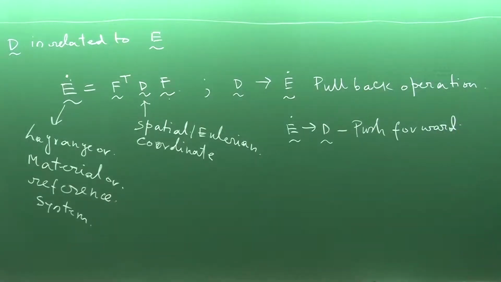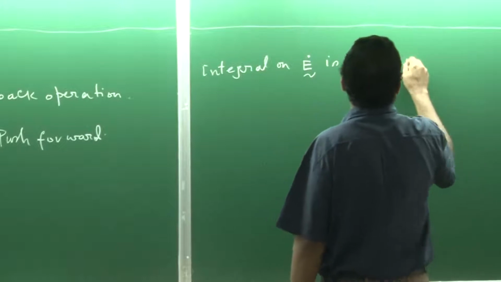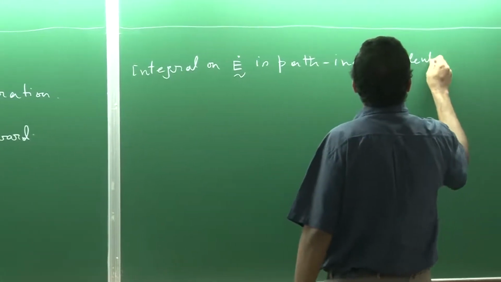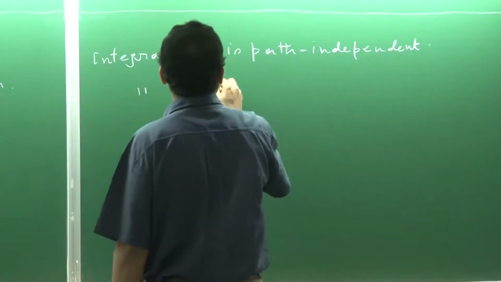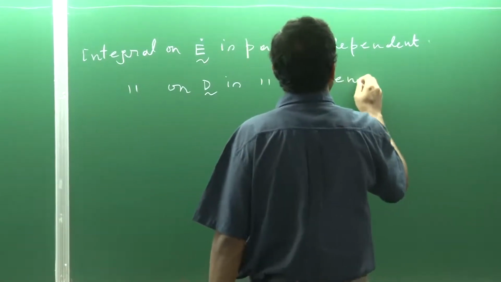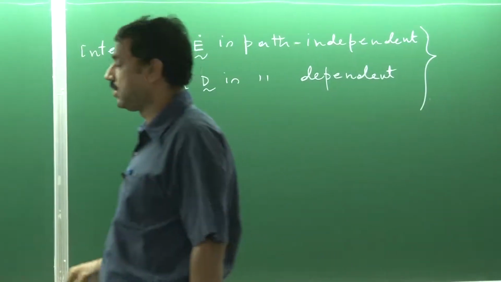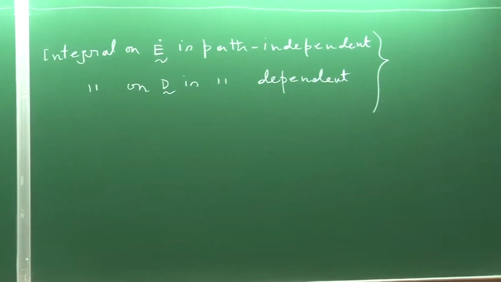The integral of E dot is path independent, whereas the integral of D is path dependent. There is a small difference. Although these two relationships are equivalent, we can demonstrate this using a simple example. But okay, so that was the previous class.